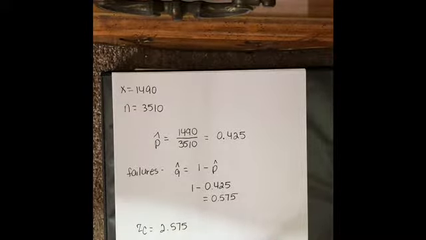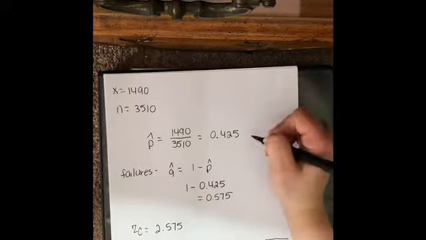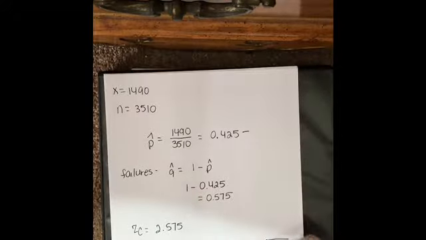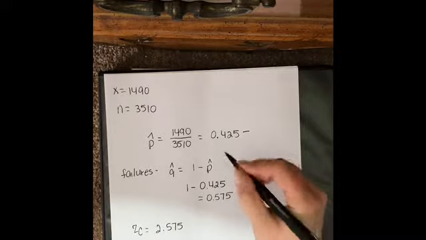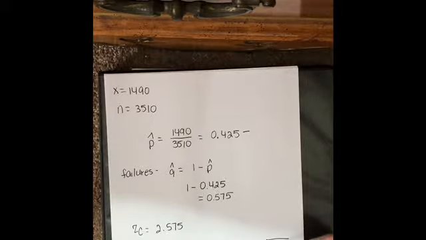E equals 2.575 times the square root of 0.425 times 0.575, which is our q hat, over n, which we know is 3510.